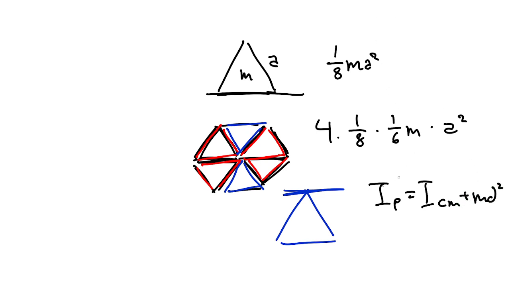And a mistake that I made while I was originally solving these problems was, oh yeah, I'm already given this moment of inertia, so I can just plug that in here, and since this height is going to be square root of 3 over 2 times a, and I'll show you how to do that later, I said this is 1 over 8 ma squared plus m times 3 over 4 a squared or something like that.